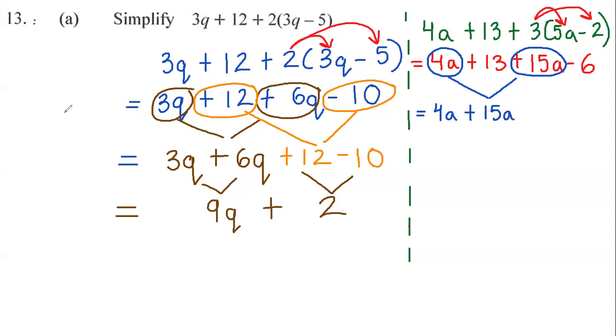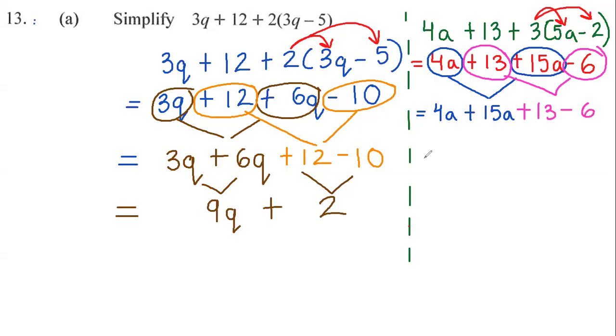And we have to group together these ones, the 13 and the minus 6. So it's going to be plus 13 minus 6.